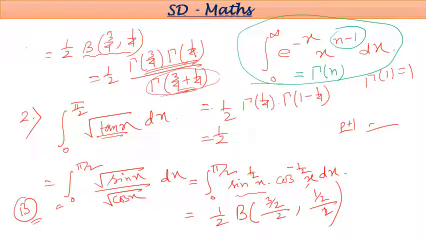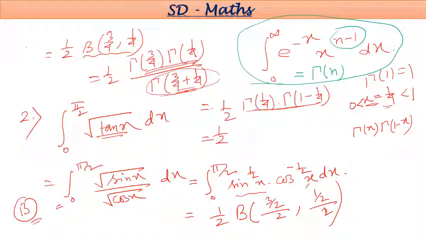Now in our next step, look at this portion. If I take x equals 1 by 4, then it looks like gamma of x, gamma of 1 minus x, and here x lies within 0 to 1. That means according to the formula it will be pi cosec pi by 4, right? And cosec pi by 4 means root 2. So it will be root 2 by 2, that means 1 by root 2. So this is the answer.